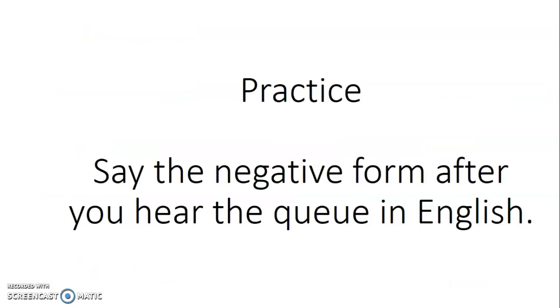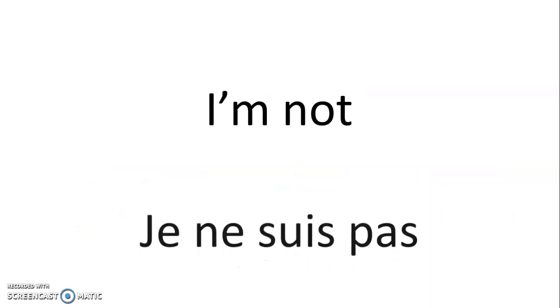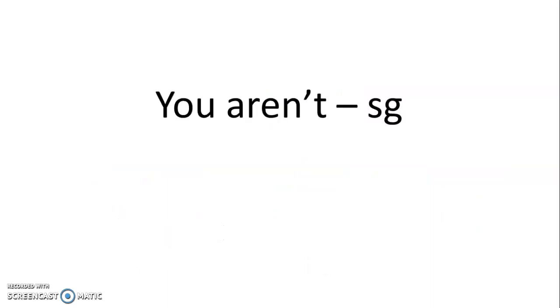Now let's practice. Say the negative form after you hear the cue in English. I'm not. Je ne suis pas. You aren't in singular. Tu n'es pas. He isn't. Il n'est pas. She isn't. Elle n'est pas.